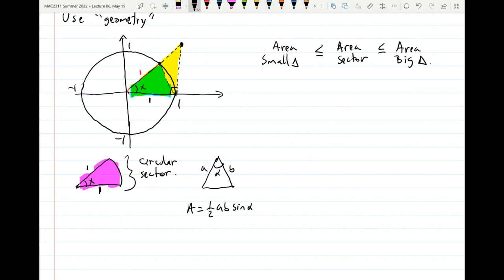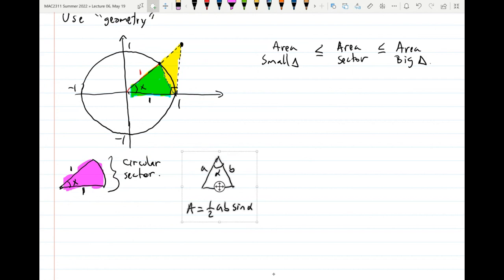The typical formula is 1/2 base times height, but this is an alternative formula that's useful, because what if you don't know the base or the height of the triangle? If you know two sides and the angle in between, you can find the area using this formula. This is something that you discuss in trigonometry.